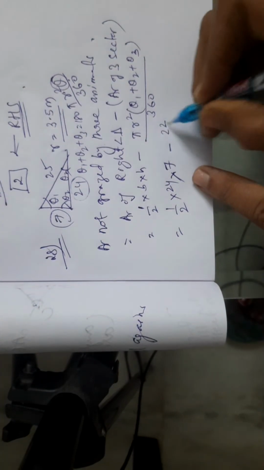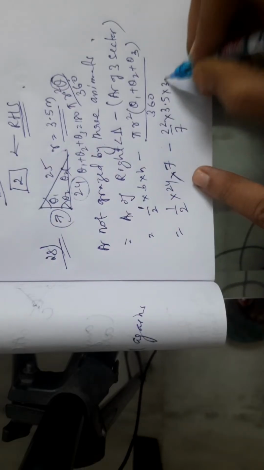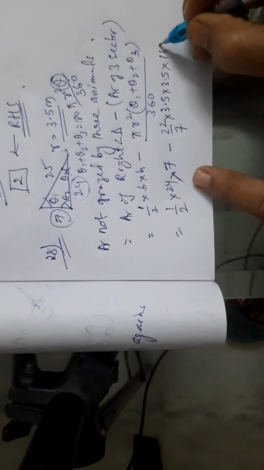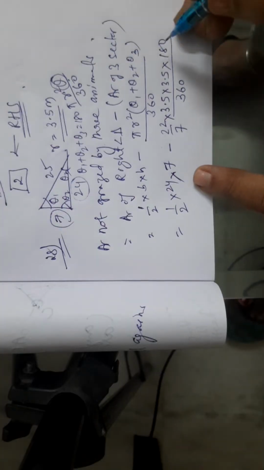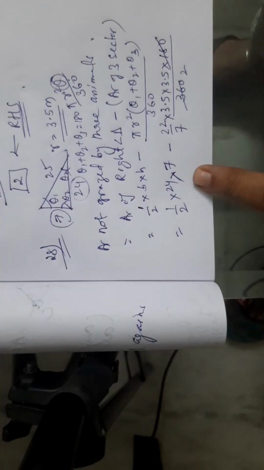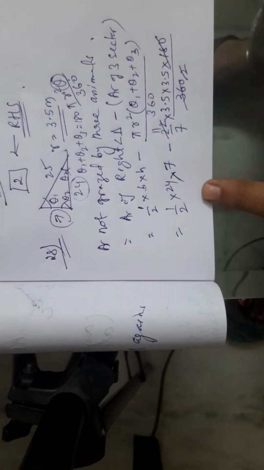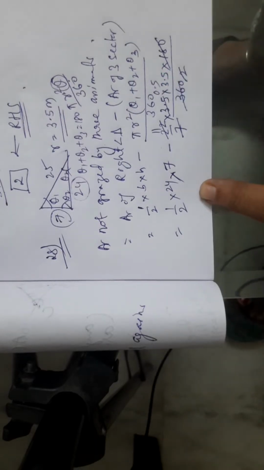Pi is 22 by 7. Radius is 3.5, 3.5. Instead of all this, we can write 180 upon 360. Now cancel them. 182s are 360. 2 11s are 22. 7 5s are 35.